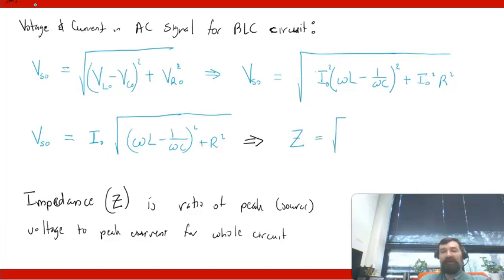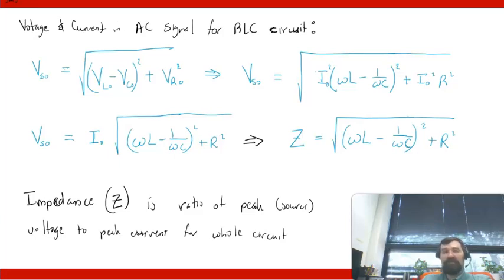So basically what that's letting us do is define the impedance for the circuit as a whole, Z, and it's given by the square root of omega L minus 1 over omega C quantity squared plus the resistance squared. So notice that this impedance is actually a sum of squares, so both this quantity as a whole is positive and this quantity is positive.